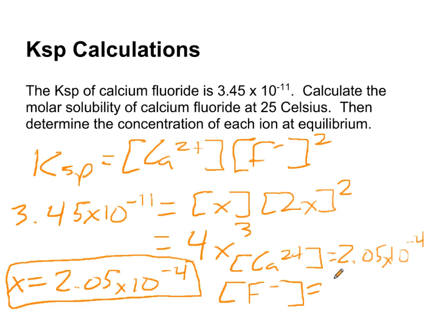It's 4.1 times 10 to the negative 4th. So the important thing to remember here is the 2, both in the 2x and the exponent of 2 in the KSP expression, and know that molar solubility, whenever you solve for that, is x in your RICE table setup.